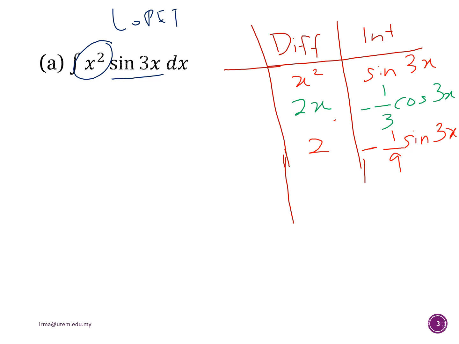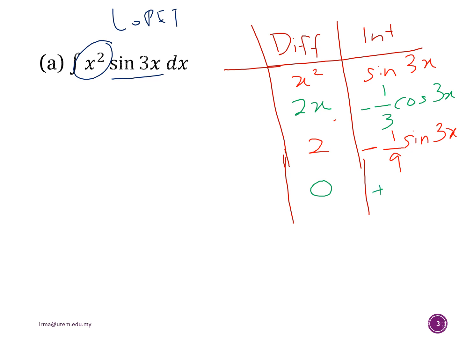We cannot stop at this iteration, so we need to proceed. Differentiate 2, you get 0. Integrate negative 1 over 9 sine 3x. Integrating sine gives negative, so negative times negative gives positive in front.